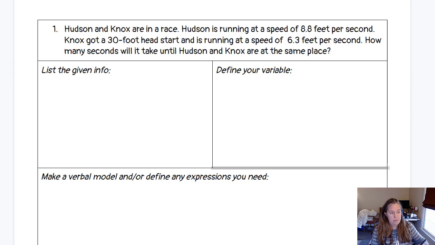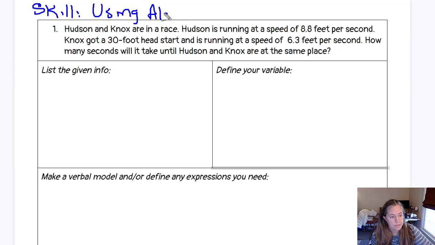So I'm just going to remind you of the skill, just so you don't get frustrated with some of these. I mean, some of them are like, honestly, does anybody care how many watermelons Josie ate on Thursday? Really? So just to remind you, the skill that we're working on is using algebra to represent real world situations.